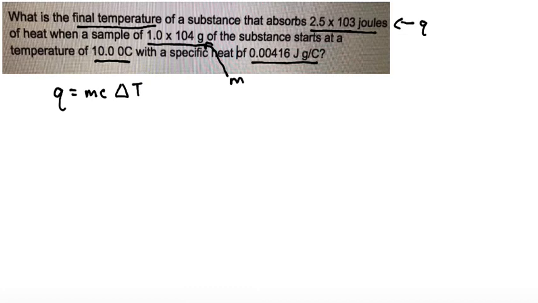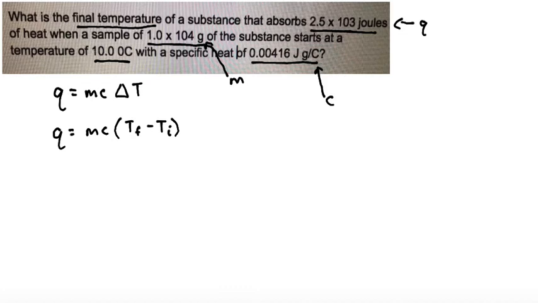And delta T, another way we can write that is Q is equal to mc times T final minus T initial, because delta T is always final minus initial. And the C represents the specific heat.